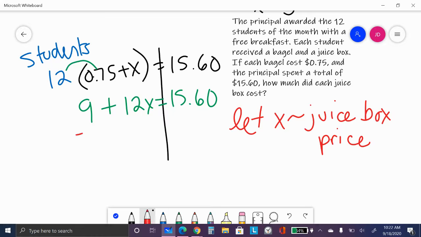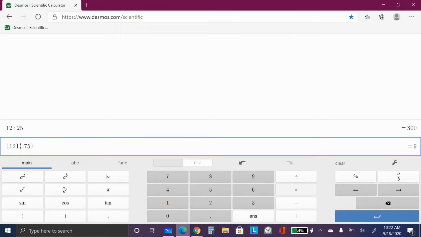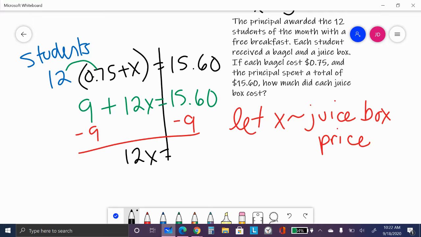Minus 9 from both sides, and you get 12X is $6.60.